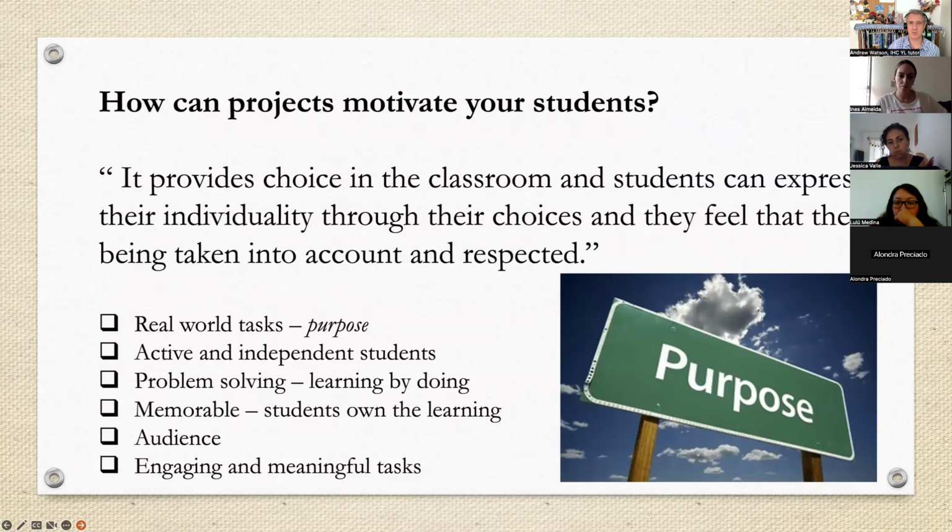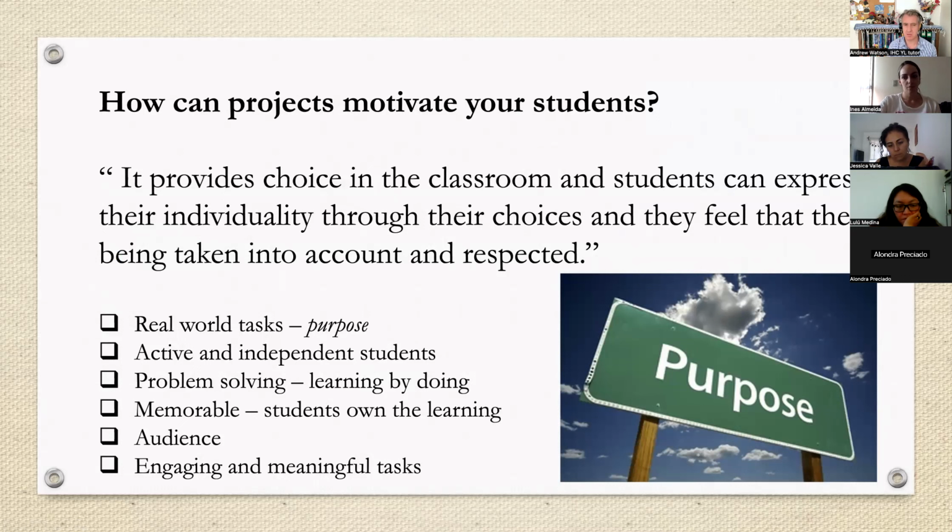How can they motivate your students? Well, PBL provides choice in the classroom. Students can express their individuality through their choices. And they feel that they are being taken into account and respected. So we need to make tasks like the real world, make them purposeful, to be able to activate and make students independent.